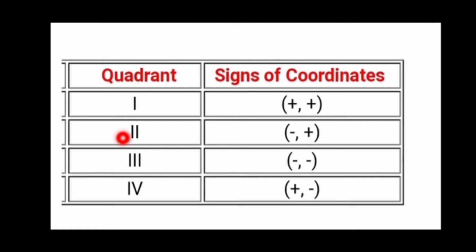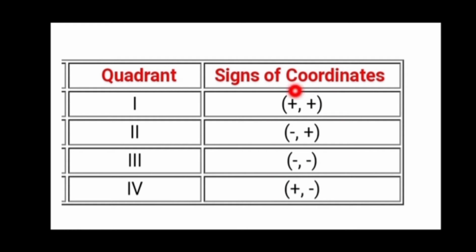And if any point lies in the second quadrant, then its abscissa, that is its x coordinate, must be negative and its y coordinate must be positive, right? In the same way, if the point lies in the third quadrant, then both coordinates must be negative, and if it lies in the fourth quadrant, then its abscissa must be positive and its ordinate must be negative, right?